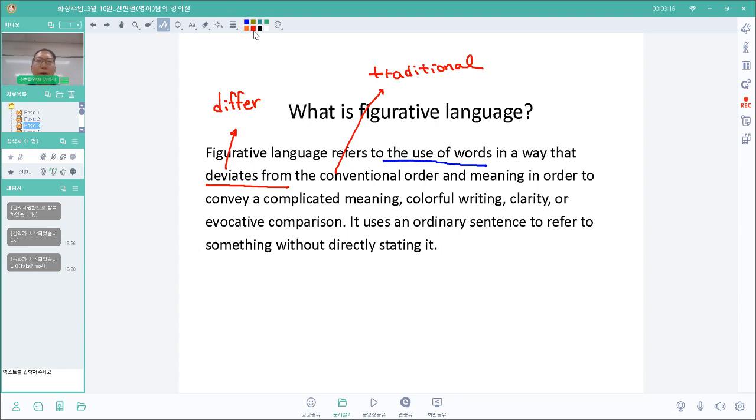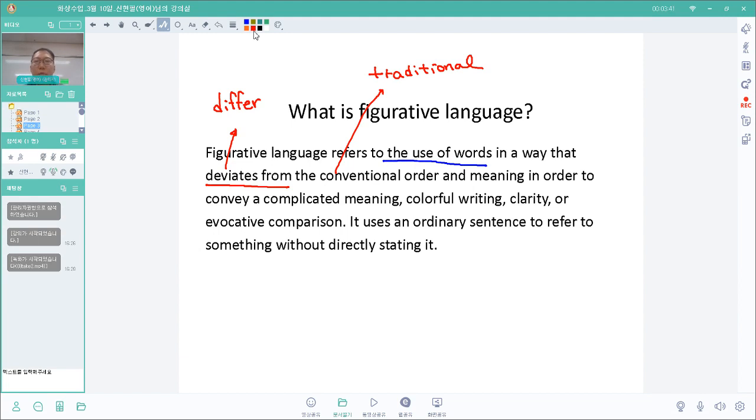Why is figurative language used? In order to convey complicated meaning. Sometimes figurative language delivers more complicated meaning more effectively to the listeners. Sometimes it delivers difficult meaning to the readers or audiences more easily. At other times, figurative language can make writing more colorful.